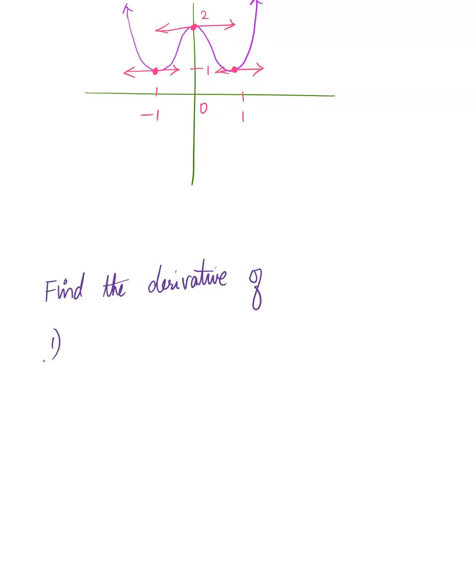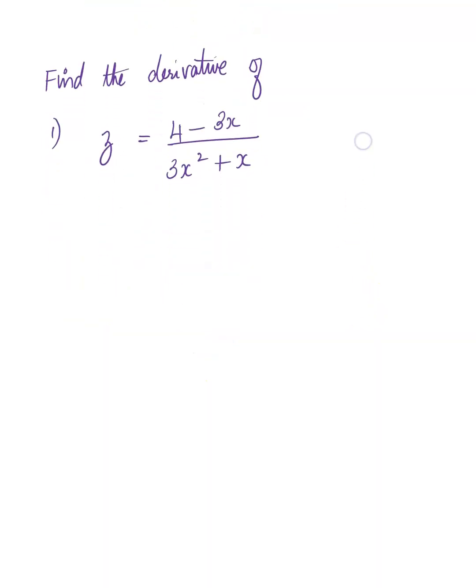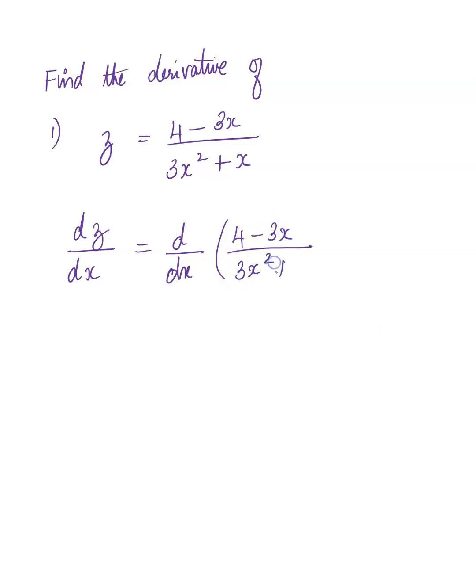So the first one is, let's use a z. We're so used to using x and y. z equals 4 minus 3x over 3x squared plus x. So we want to find the derivative of this. Remember, this is the derivative of the function z with respect to x. So dz over dx, which is the same as replacing the z with 4 minus 3x all over 3x squared plus x.